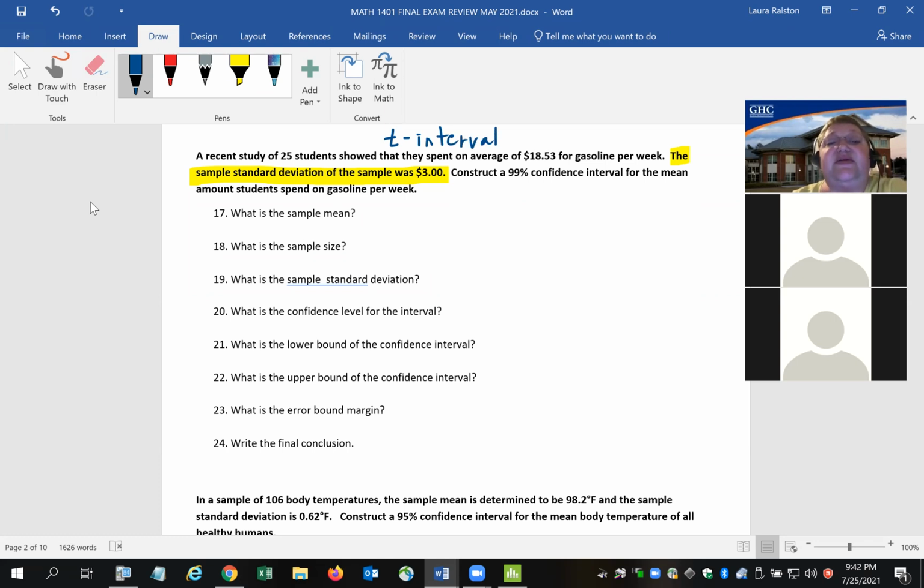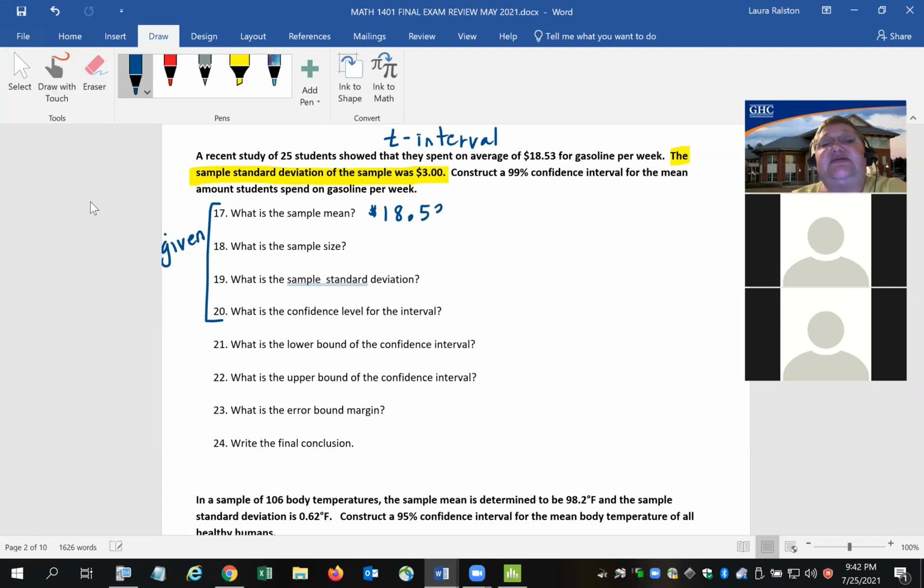Then it starts asking me some questions, and these first four are all given to you in the problem. It says, what is the sample mean? Well, the first sentence says a recent study they spent on average $18.53.